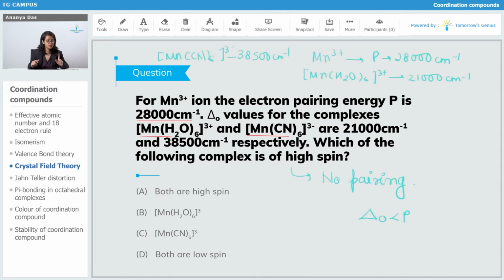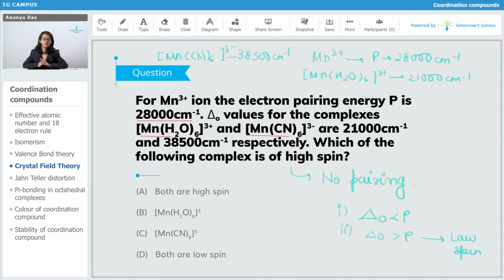For the first complex, the value of delo is less than P. But for the second complex, the value of delo is greater than P. So the second complex, [Mn(CN)6]3-, is a low spin complex, because pairing can occur since delo is greater than P and can overcome the pairing energy.